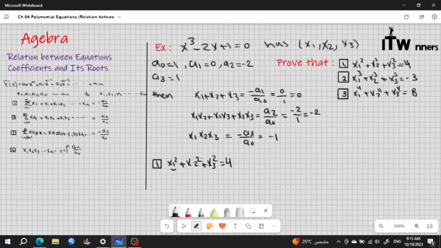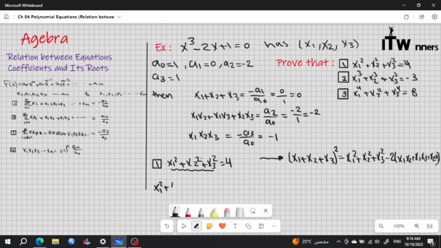Okay, this expression, as we know, if we have x1 plus x2 plus x3, this squared, this equals x1 squared plus x2 squared plus x3 squared plus 2 into x1 x2 plus x1 x3 plus x2 x3.